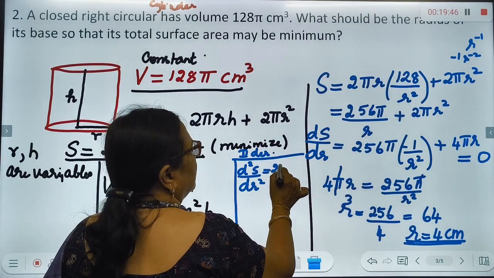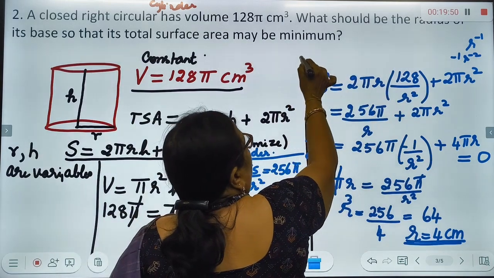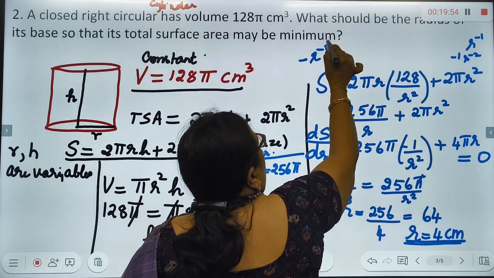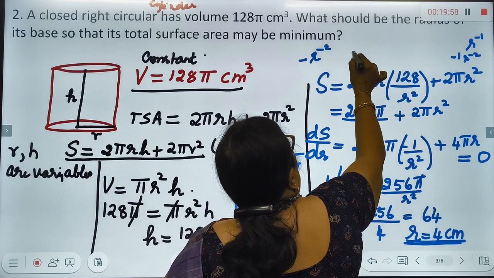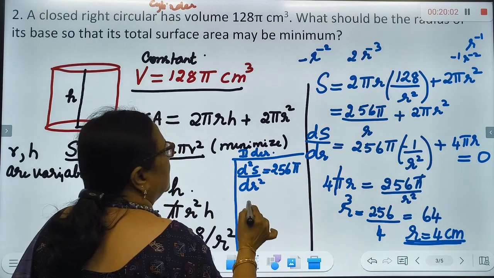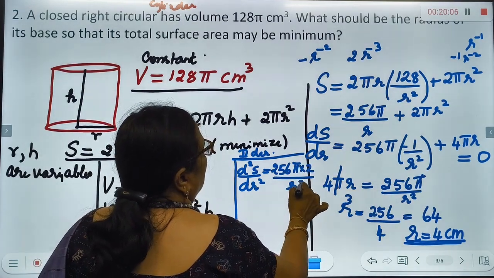It will be 256 pi. Okay. Now we have minus r to the power minus 2. If I differentiate, what will I get? I will get 2r to the power minus 3, so 2 by r cube.